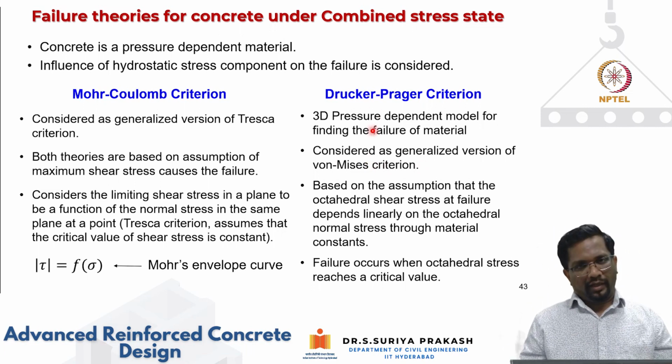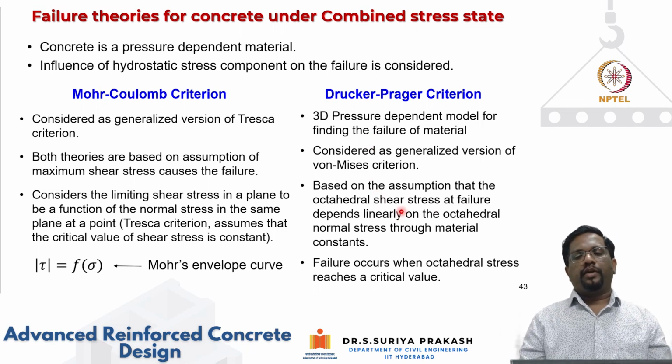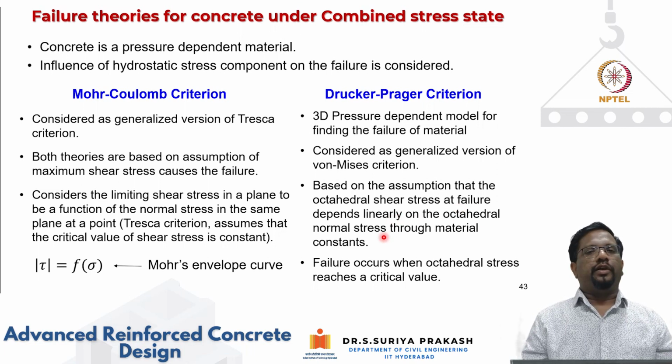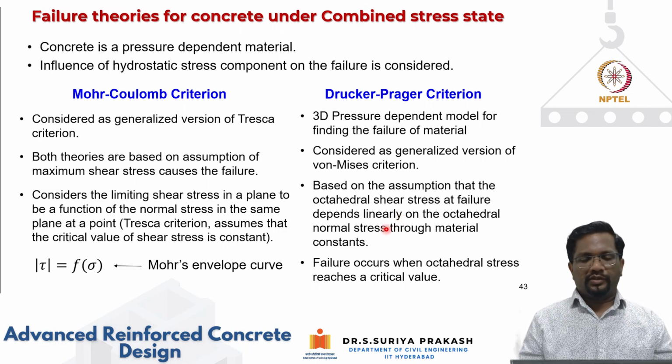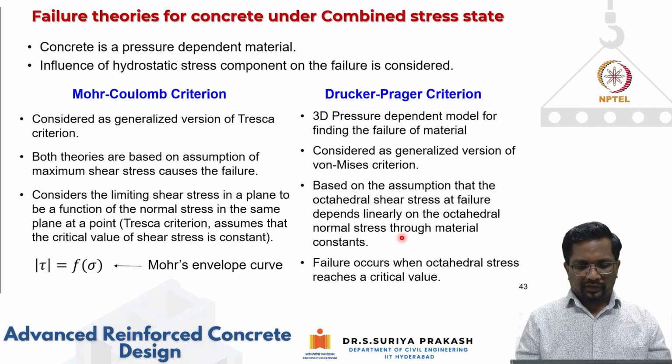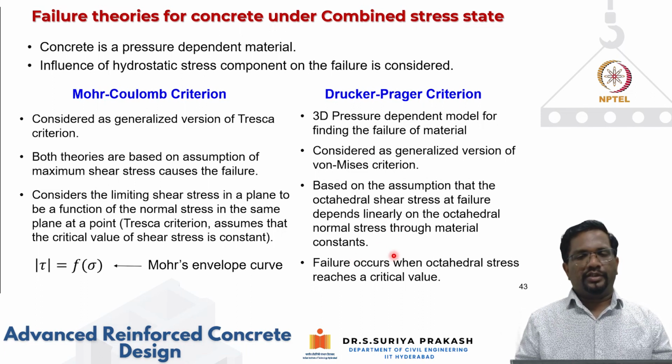Again, it is based on the assumption that octahedral shear stress at failure depends linearly on the octahedral normal stress through the material constants. It is not based only on octahedral shear stress, it also depends upon the octahedral normal stress, linked through material constants. So again, failure occurs when the octahedral stress reaches a critical value.